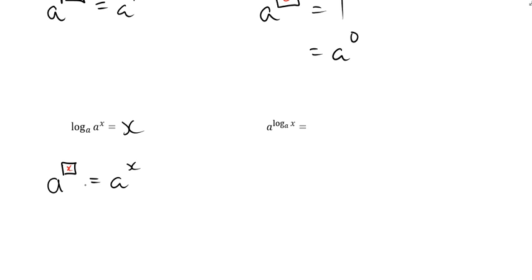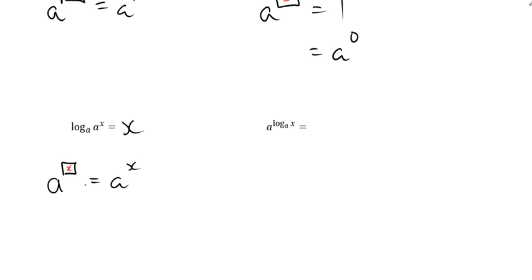Does that make sense? So if you had log base 2 of 2 to the 7, the result is 7. You don't have to go through all the steps and use the change of base formula. We're going to start to streamline this process a little bit now.